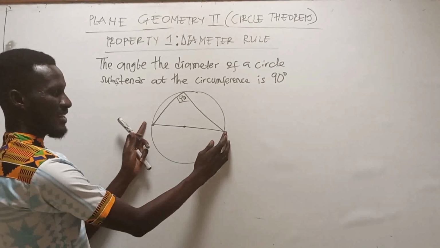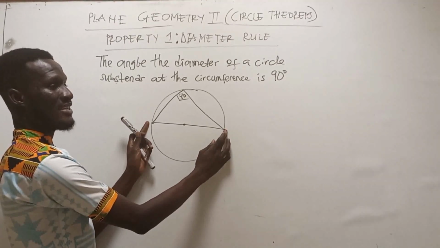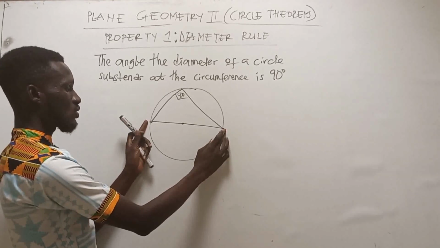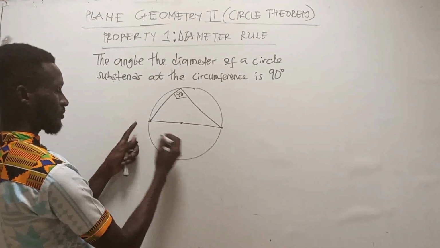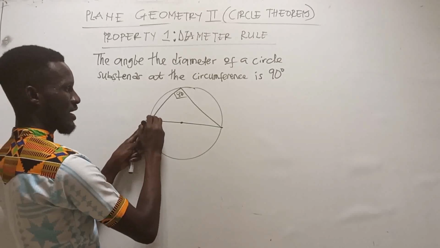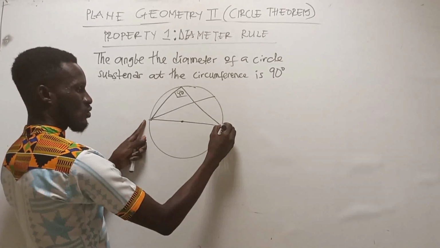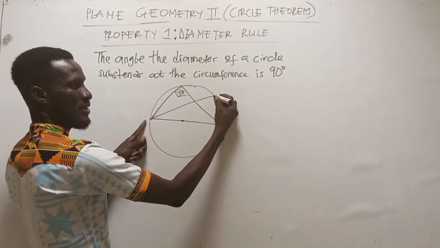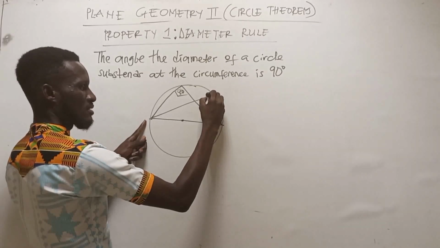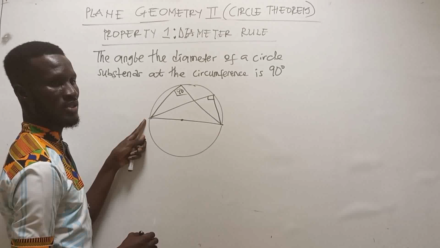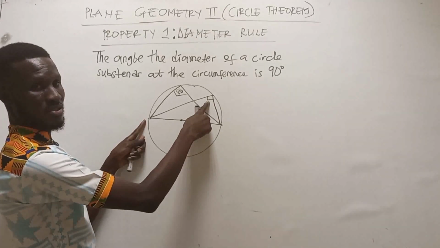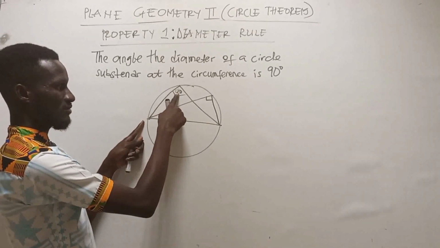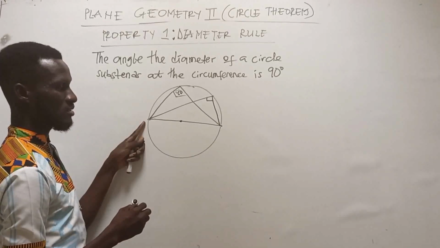Another one is this diameter can move here, and this one will also meet it here. Another angle is formed here. This angle is 90 degrees. This is the symbol for 90 degrees.